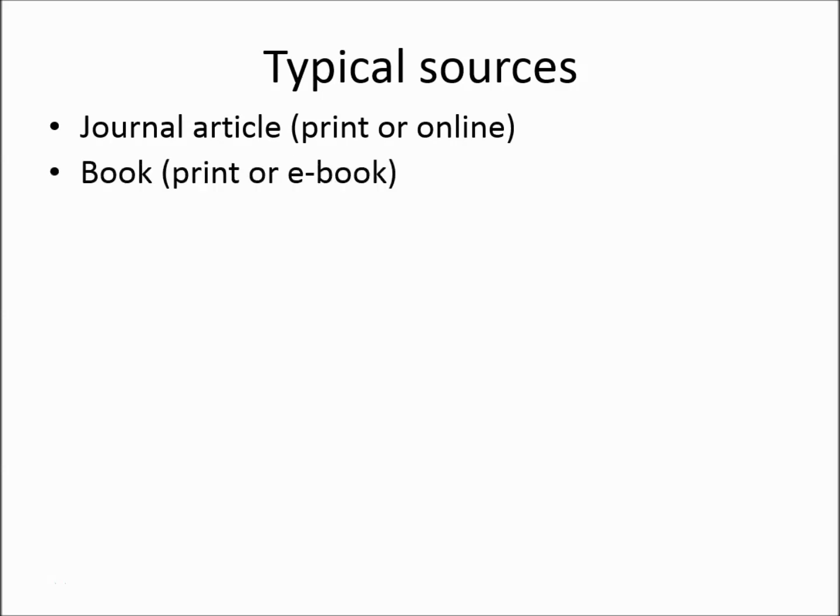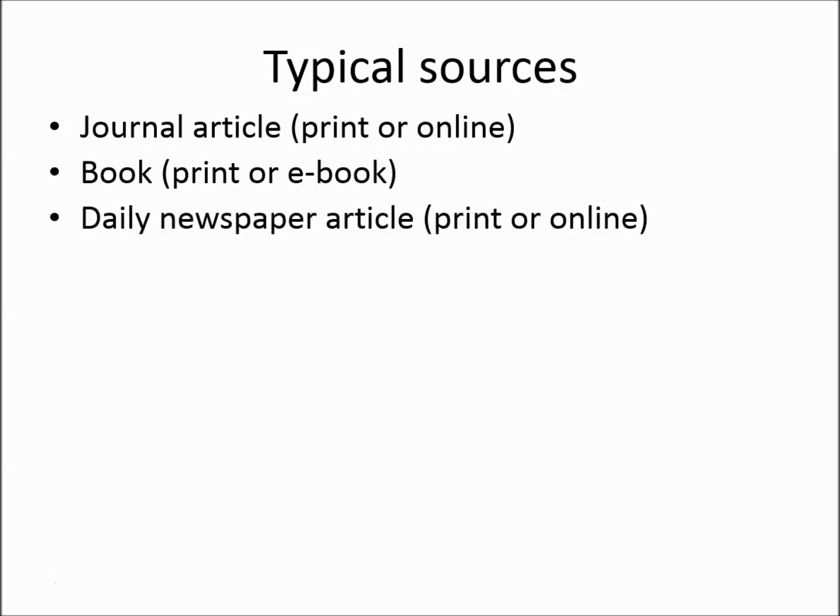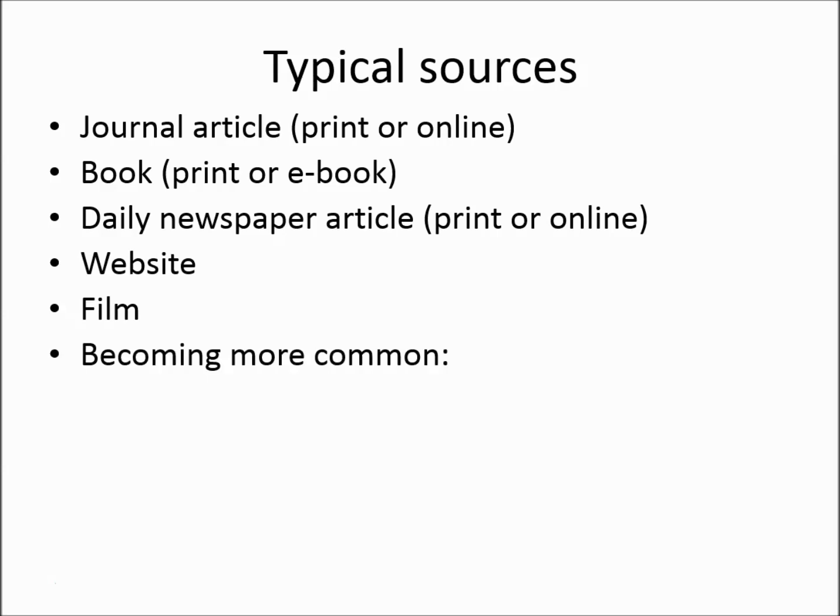Typical sources you may want to consult for your academic paper include journal articles, either print or online from a database, books, either in print or e-formats, newspaper articles, again either in print or from an online source, websites, or films or movies such as documentaries.